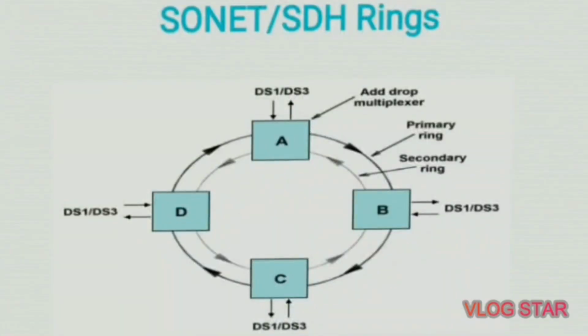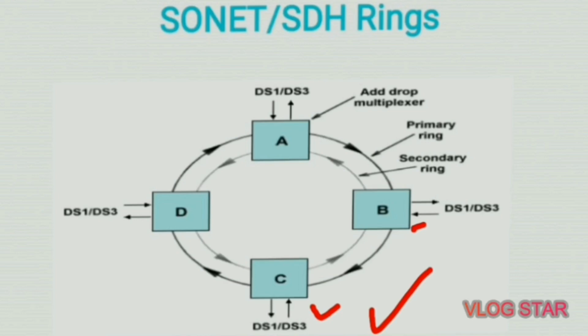The next is SONET and SDH rings. SONET and SDH rings are normally configured as a ring architecture. These rings are called self-healing rings because traffic flow along a certain path can automatically be switched to an alternate path if a failure or degradation is observed in the link segment. These rings are formed by either 2 or 4 fibers used between the two nodes.